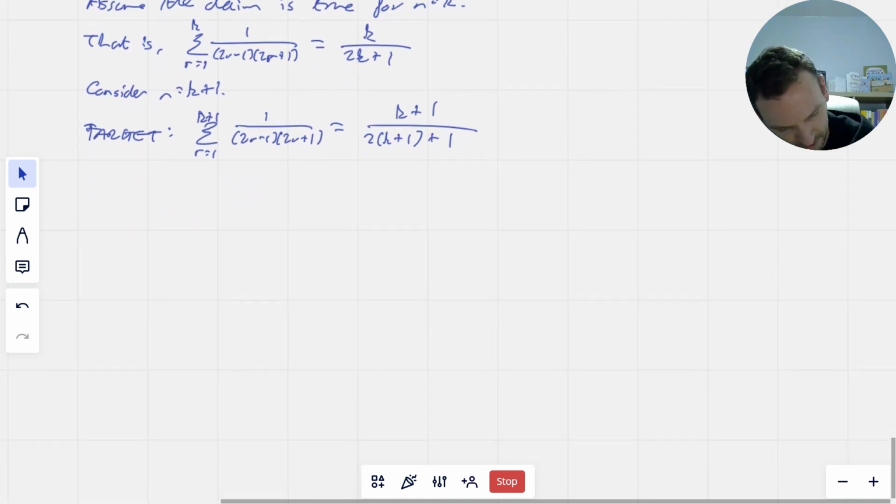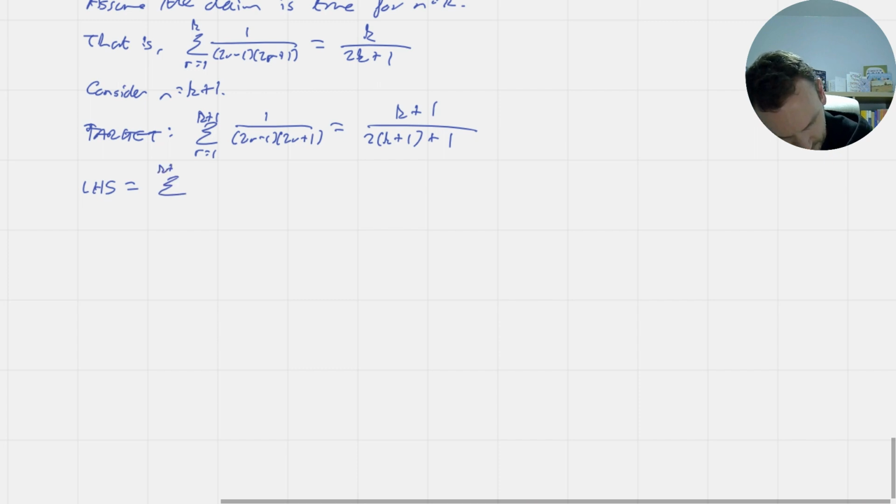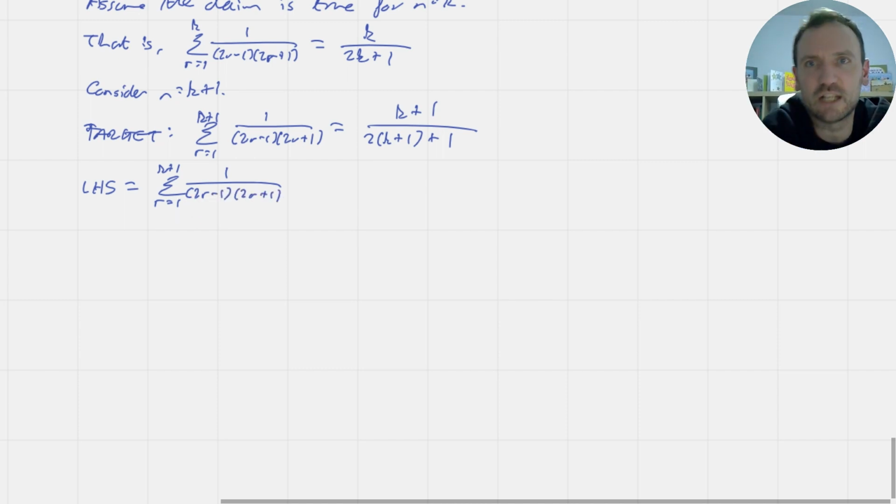Okay, so let's start with the left-hand side of our target. Let's write what that is, and then this is where we have one clever step we have to use, and it's the only really clever step in the whole of proof by induction with summations. How are we going to make use of our assumption?